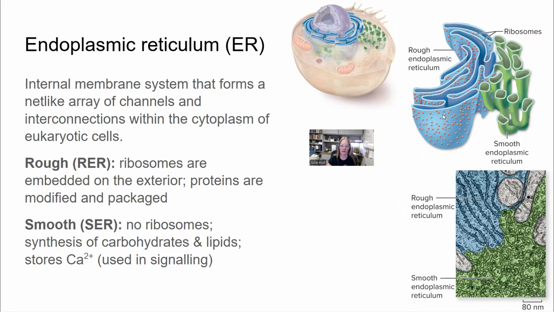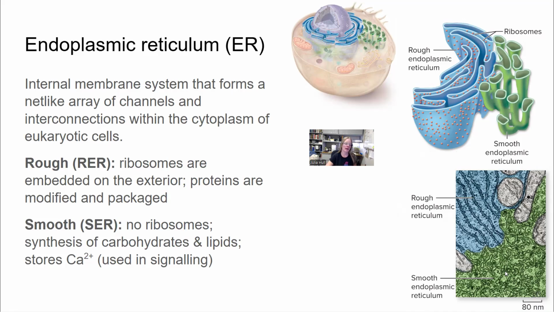The smooth ER is continuous. Again, we're tracing from the nuclear envelope to the rough ER, and now we're going to go into the smooth ER. The reason that it looks smooth under this micrograph is because there are no ribosomes attached to it. So what we're going to see is this is where we're going to be modifying the glucose that's made in the mitochondria.